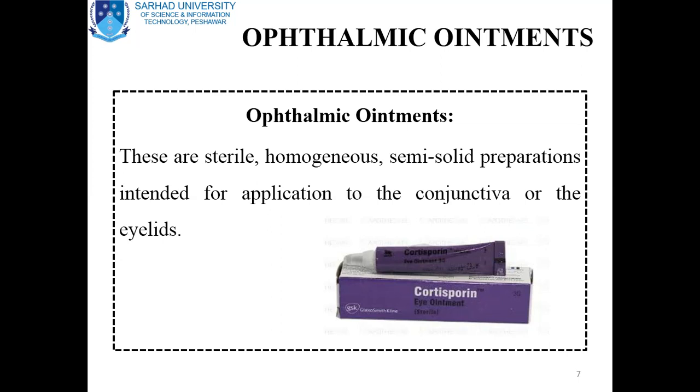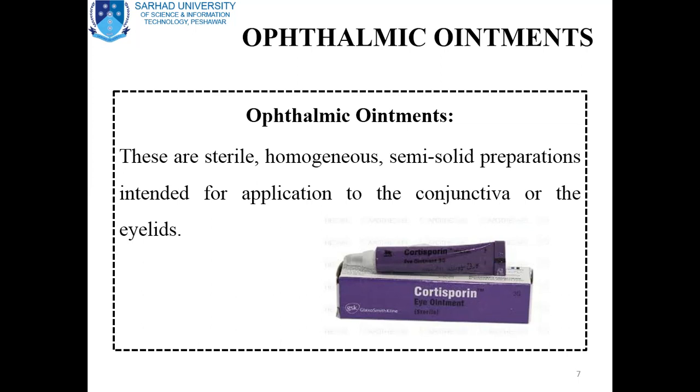You can see a product on the screen that is manufactured by GlaxoSmithKline, and you can see that the dosage form, trademark or marketed name is Cortispurine. That is also mentioned here.